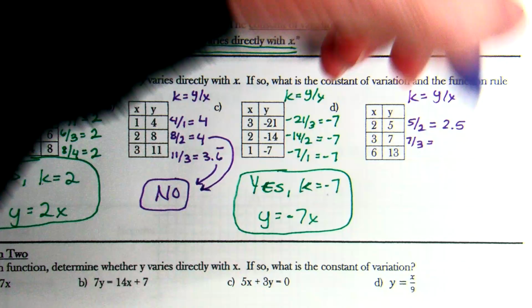Do I need to keep going? No, I don't. They're not the same, they are not equal, so no, this is not direct variation. Not horrible, is it? You want to have the equation in front of you. This is why you have your notes.